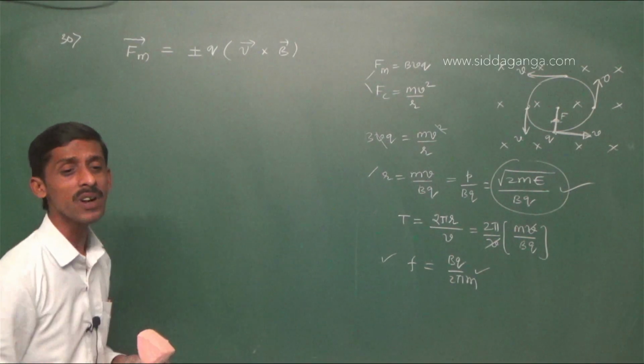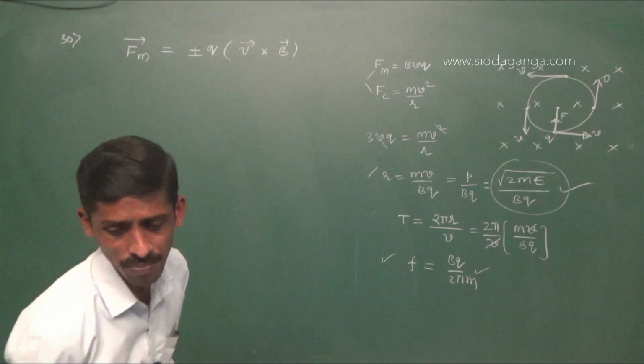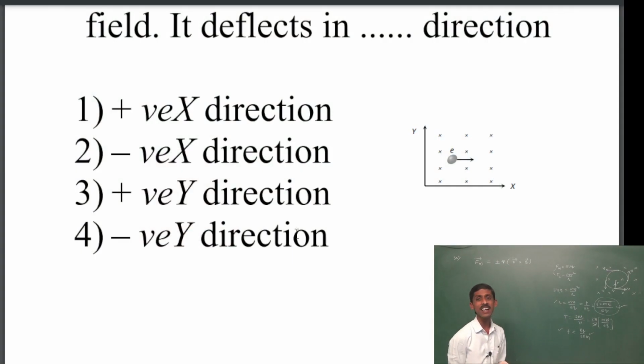Look at the diagram. The magnetic field is inward, perpendicular to the plane, so the unit vector along negative z direction is minus k cap.